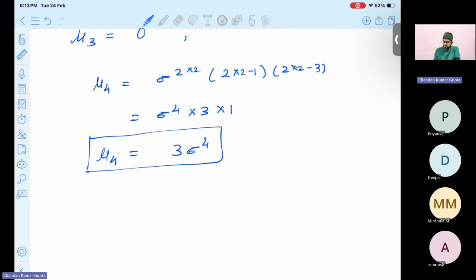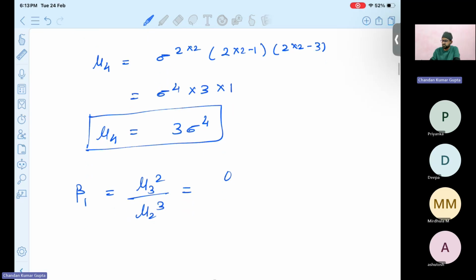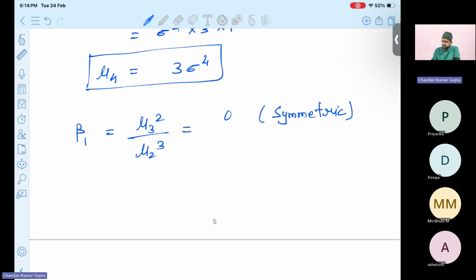Now, skewness, that is beta 1 coefficient, which is mu3 squared upon mu2 cubed, comes out to be 0 because mu3 is 0. This implies it is symmetric in nature. The normal distribution is symmetric in nature. Then let's calculate beta 2, which is the fourth central order moment divided by the square of the variance.